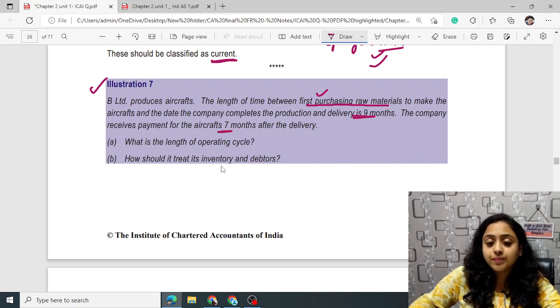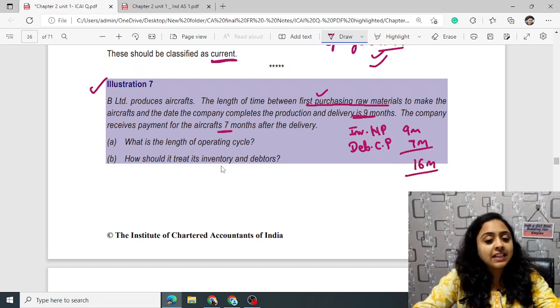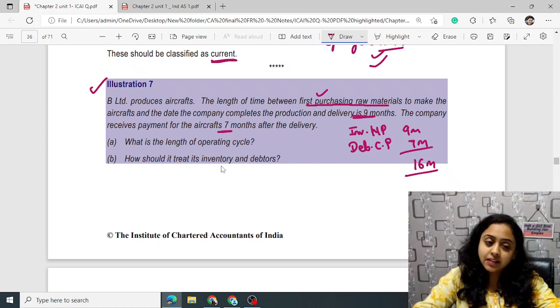So inventory holding period is 9 months. Debtor collection period is 7 months. So it becomes 16 months. Operating cycle is of 16 months. Anything that is received within 16 months will be termed as current.